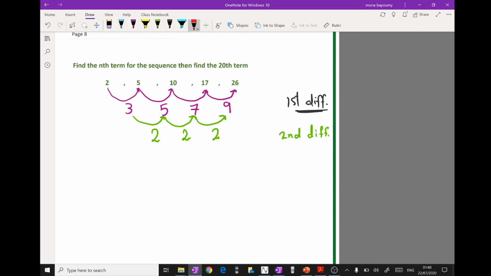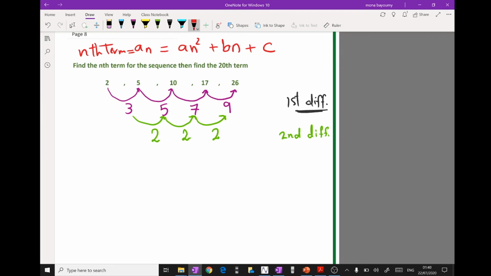Quadratic sequence means the nth term an is equal to an square plus bn plus c.